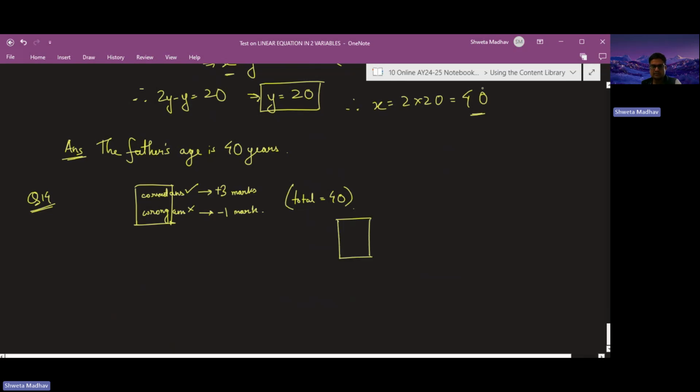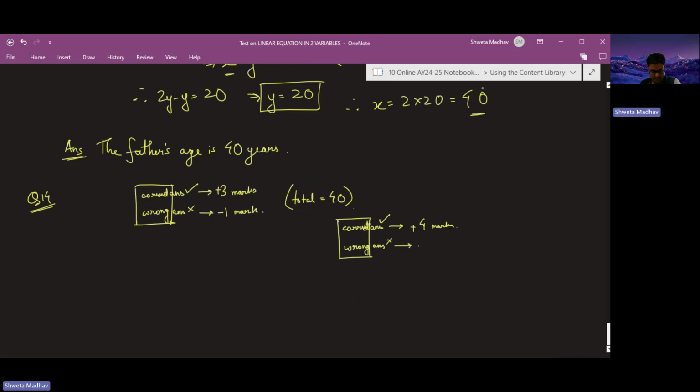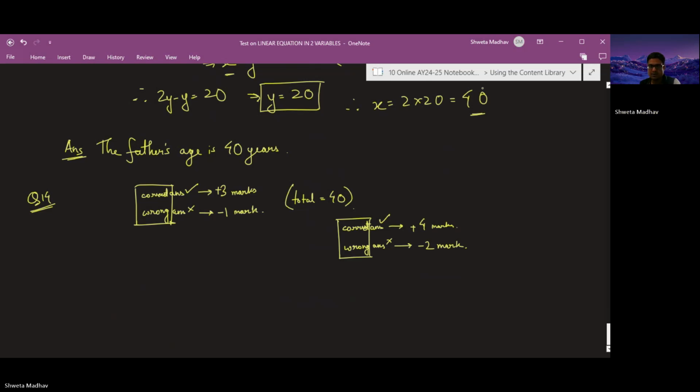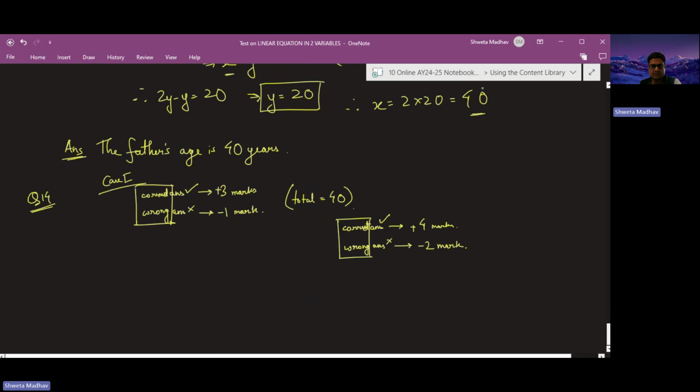So in the second case, for each correct answer we get plus 4 marks, and for each wrong answer you will get minus 2 marks, since 2 marks will be deducted for each wrong answer. So this is our case 1 and this is our case 2.